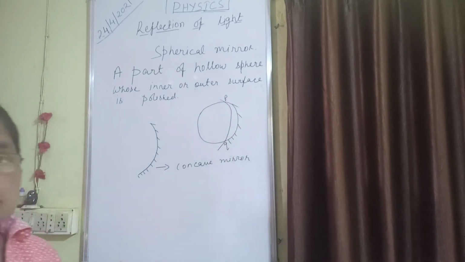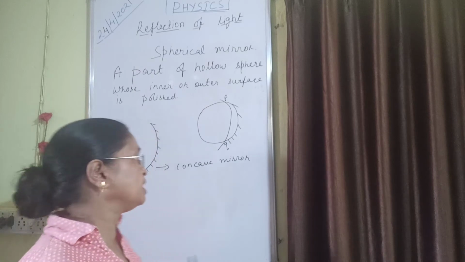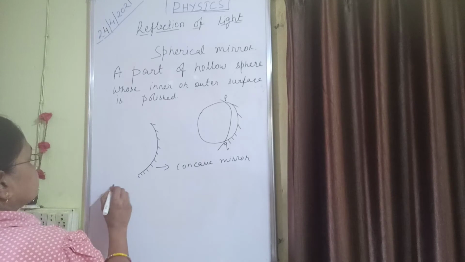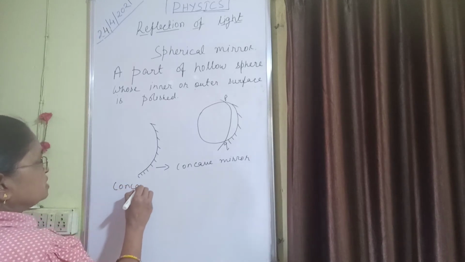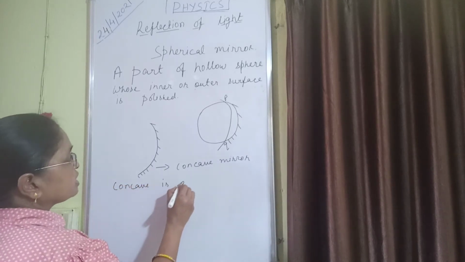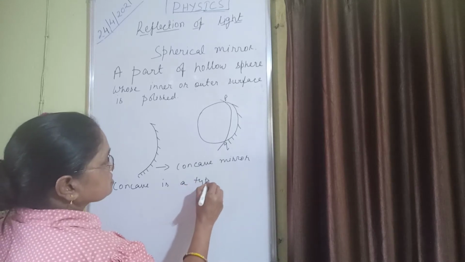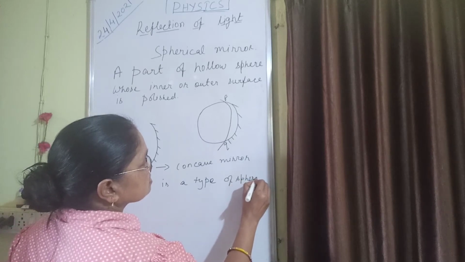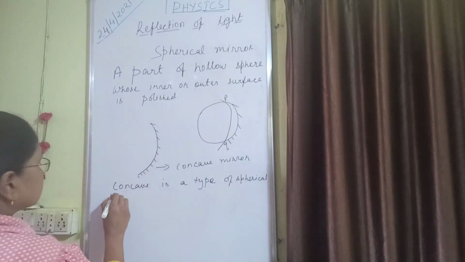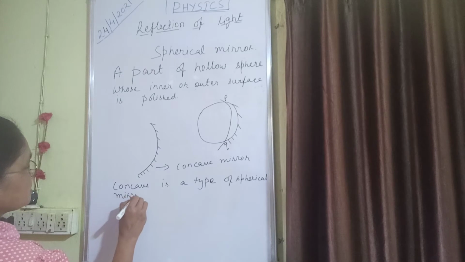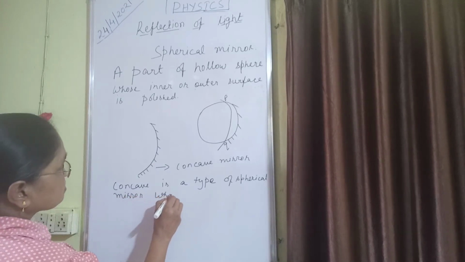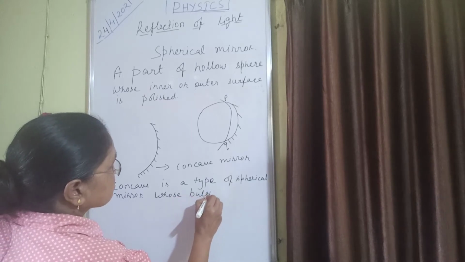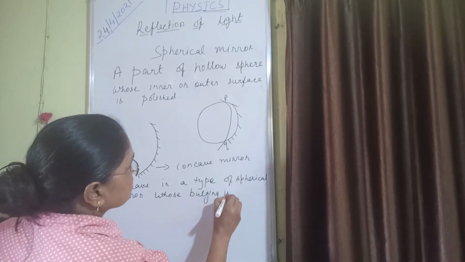So students, what is concave mirror? Concave mirror is a type of spherical mirror whose bulging part is polished.